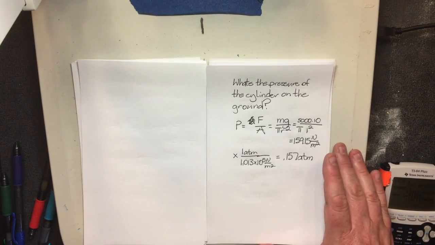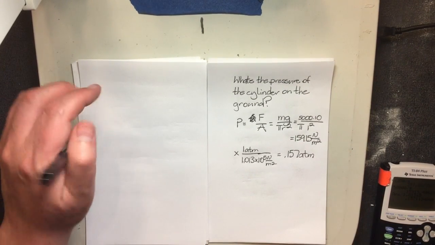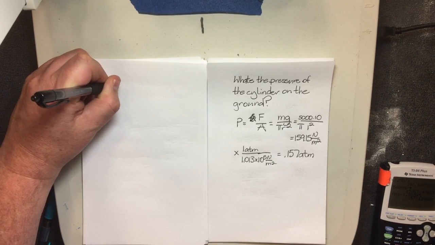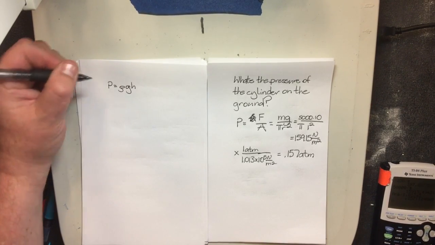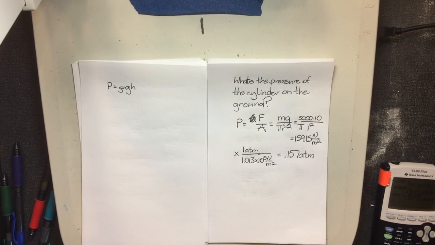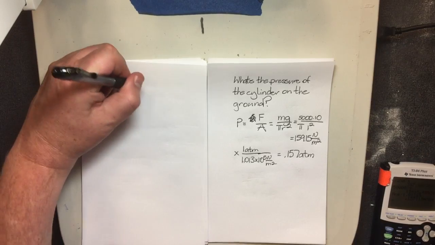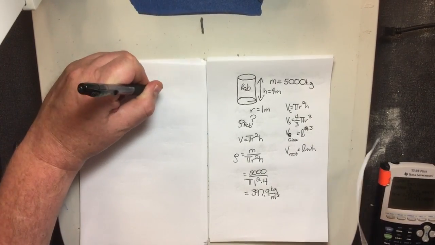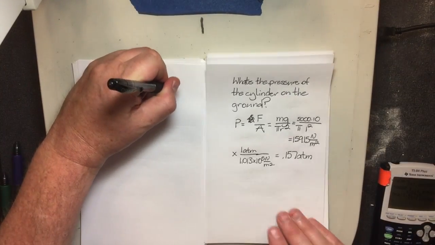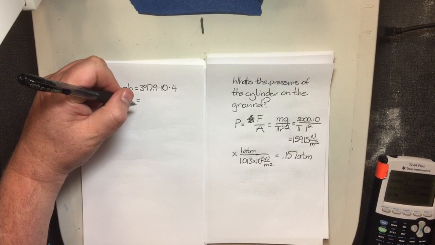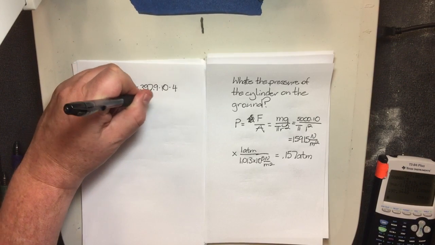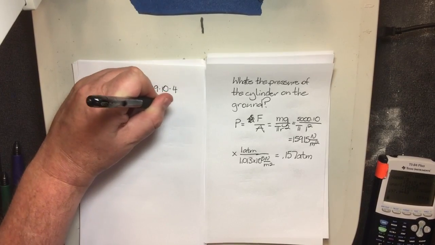Now let's look at something that's interesting. If I say that the pressure is rho g h, let's just say I magically pulled it out of the air, you would see that the density of the material, 397.9 times 10 times its height, 4, gives me 15,916 newtons per meter squared.